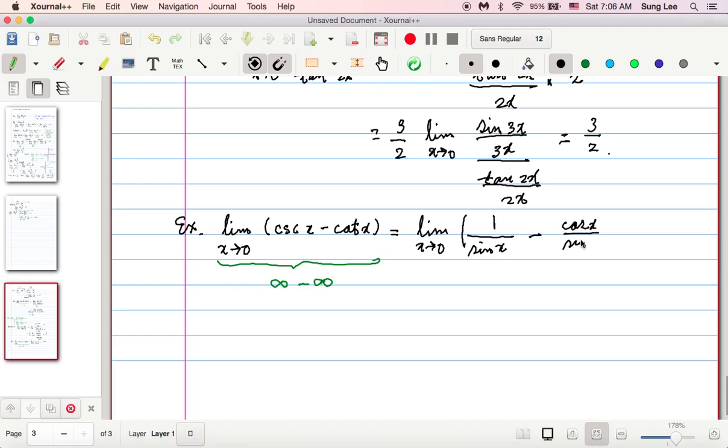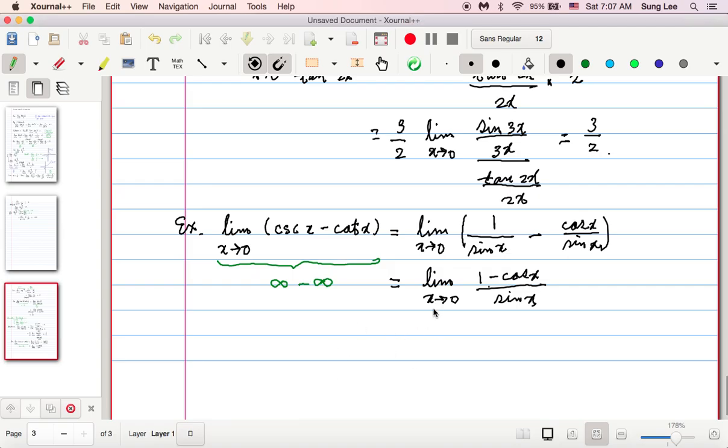These two happen to have the same denominator, so you can write this as a single fraction, 1 minus cosine of x over sine of x. Okay?